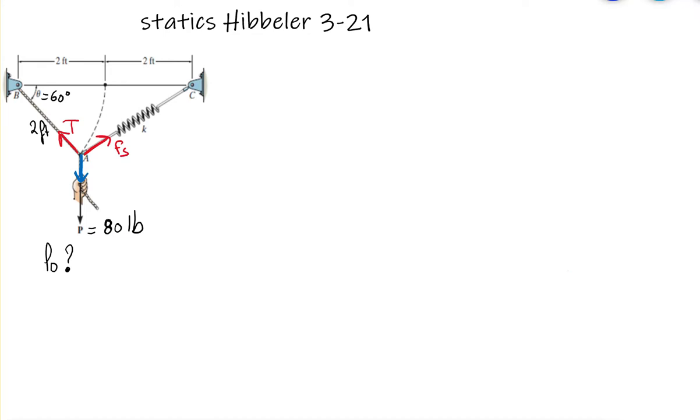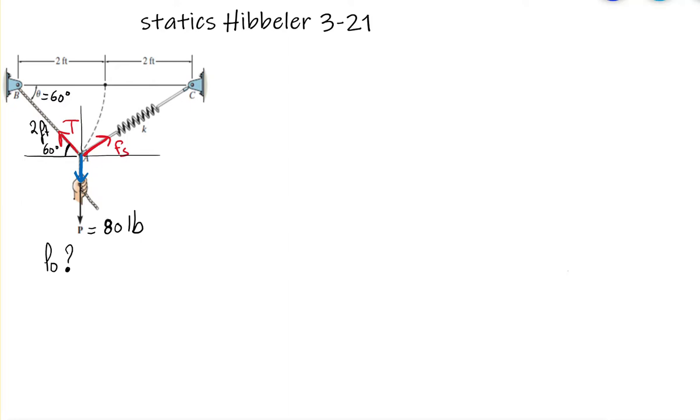Okay, so when we need to solve that, we need some information about geometry. Let's say that from the axis we have an angle theta that is given, 60 degrees. So it means that this angle there is also 60 degrees. So we are able to split the vector T, the tension, on a horizontal and vertical line.